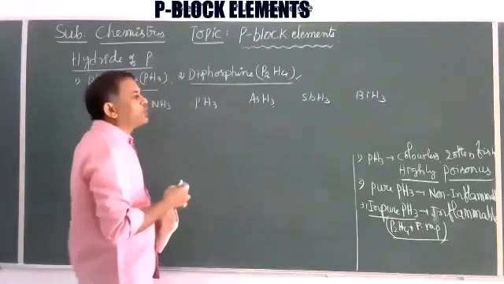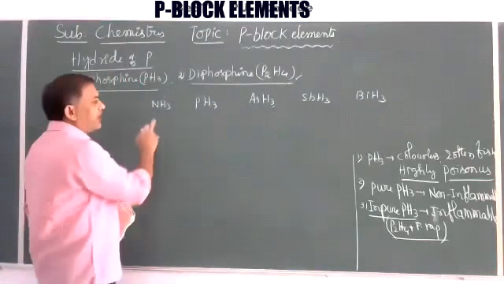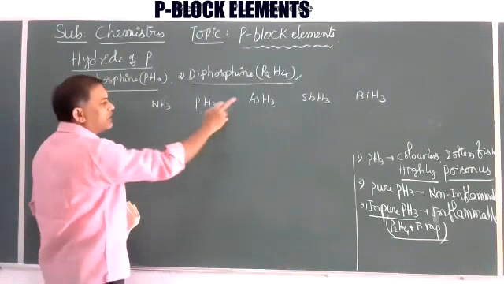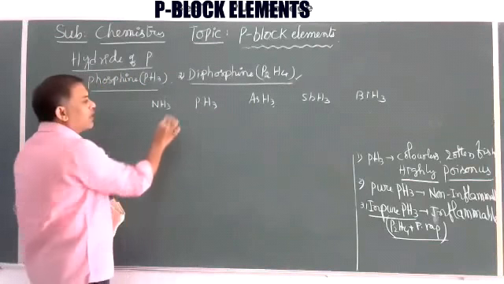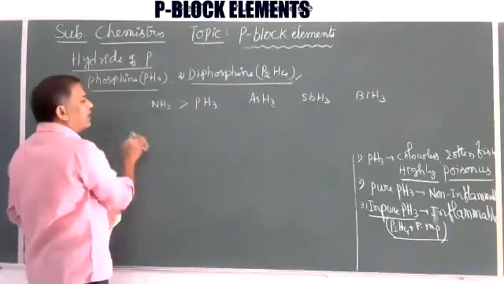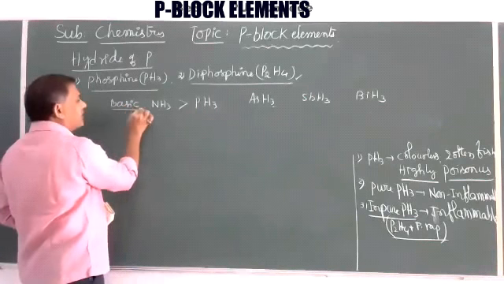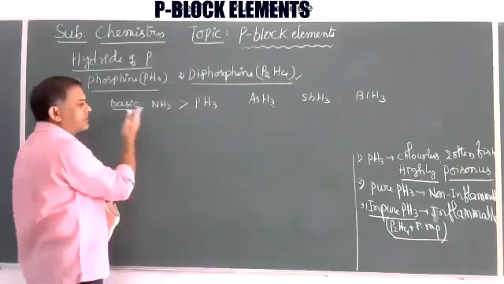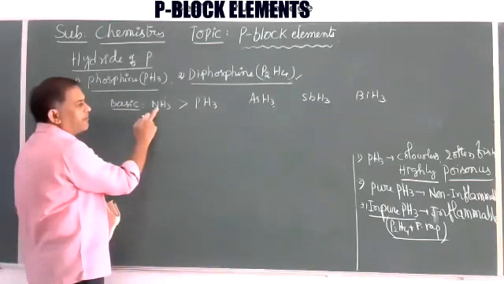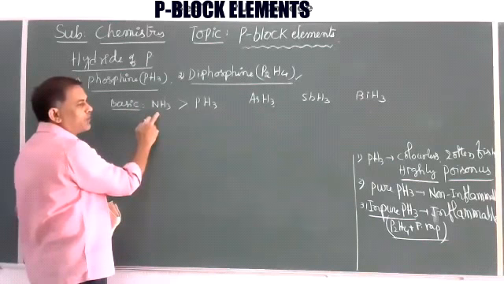These are the 15th group hydrides: nitrogen, phosphorus, arsenic, antimony, and bismuth. Among all these, ammonia is the most basic in nature.